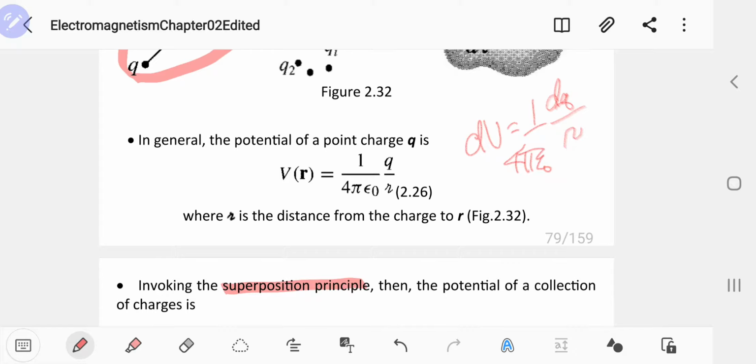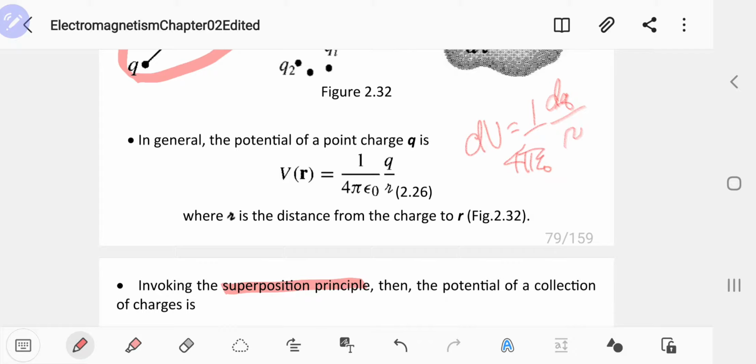That's the derivative of V, and on the other side you get the derivative of q. 1 over 4 pi epsilon would just be a constant, and of course the one giving you the electric potential is dq.